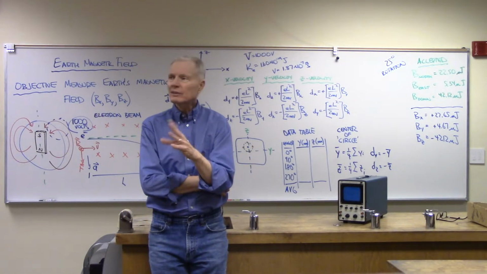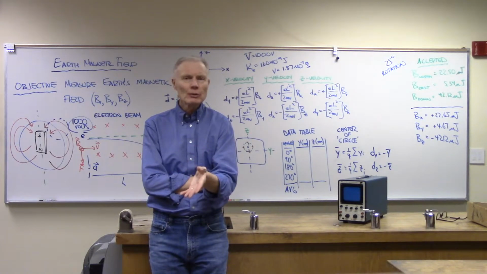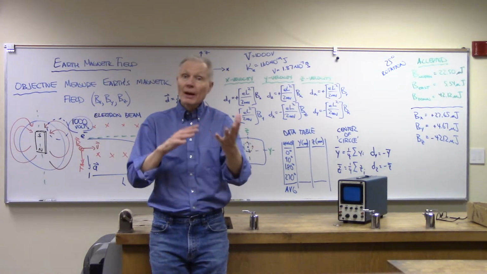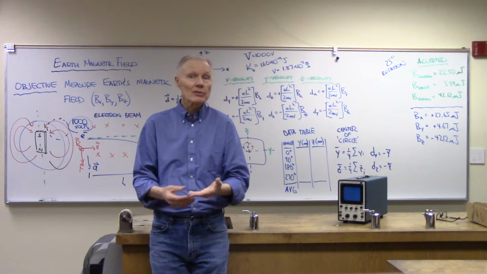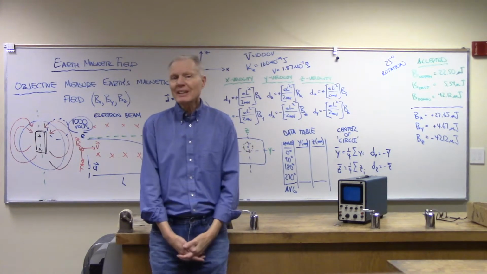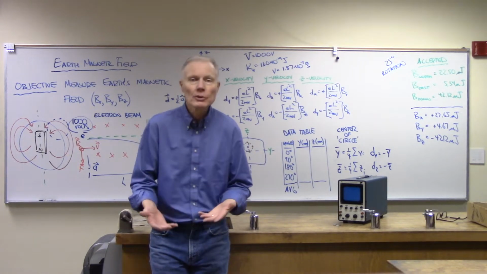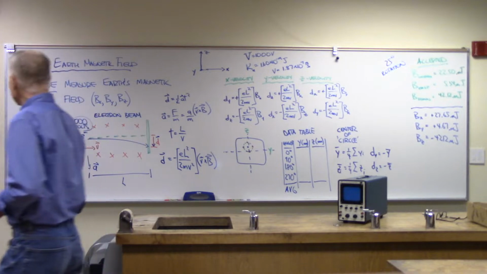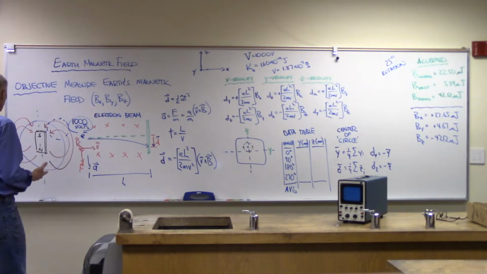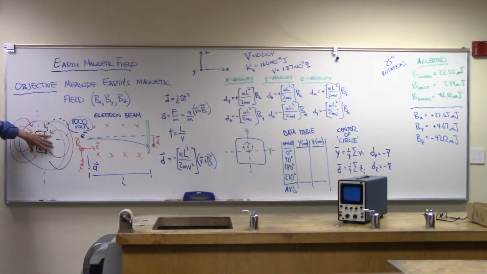The magnetic field is shifted like 10 or 15 degrees compared with the rotational axis. So magnetic fields of planets don't necessarily line up with their rotation. Whatever's generating these currents, whatever's maintaining the currents, those currents don't necessarily have to line up with the rotation of the planet.